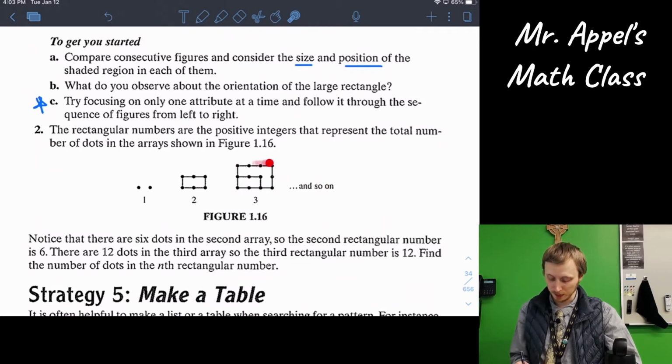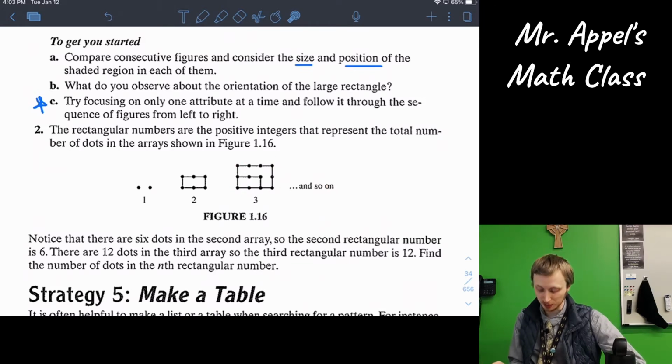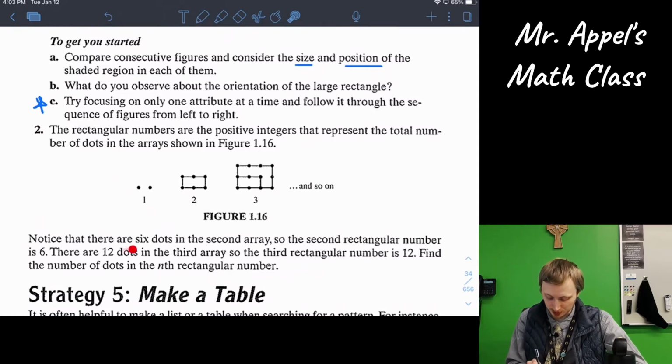Notice they form a nice, neat rectangle. Right? Notice that there are 6 dots in the second array, so the second rectangular number is 6. There are 12 dots in the third array, so the third rectangular number is 12. Find the number of dots in the nth rectangular number. There's that nth. They're looking for the general rule here.